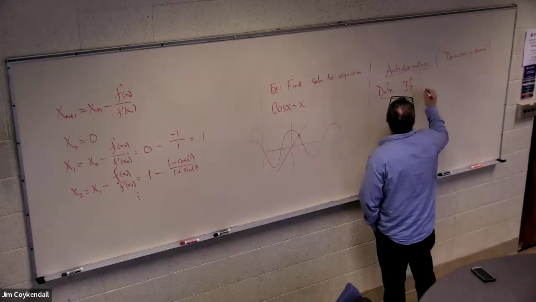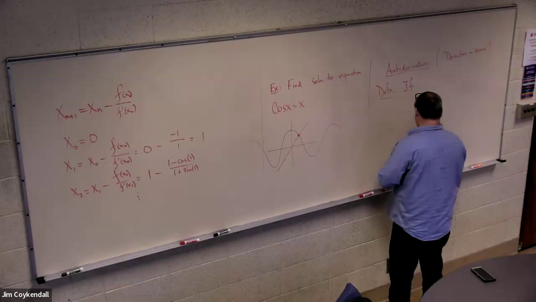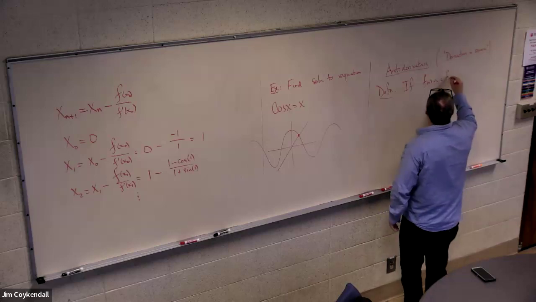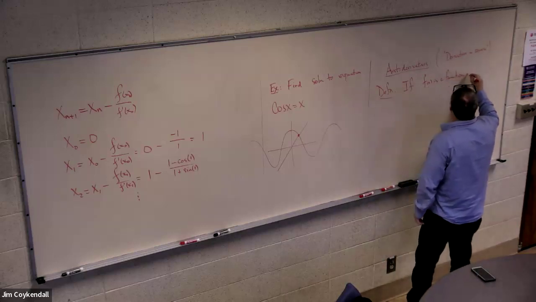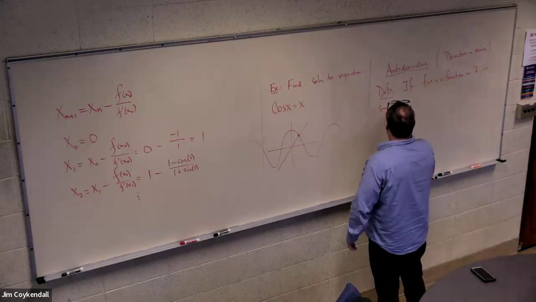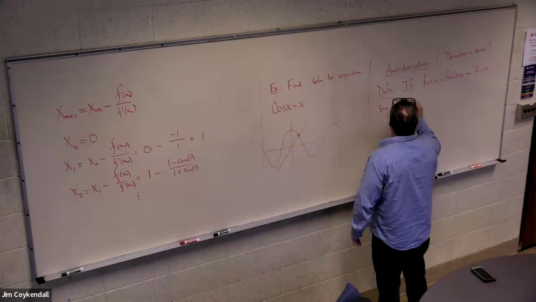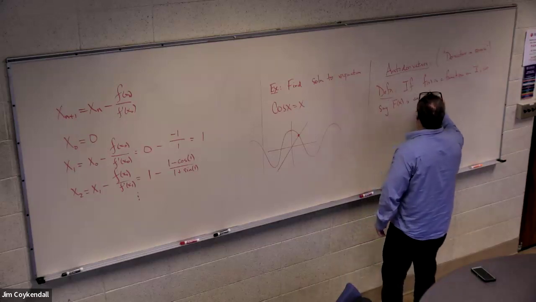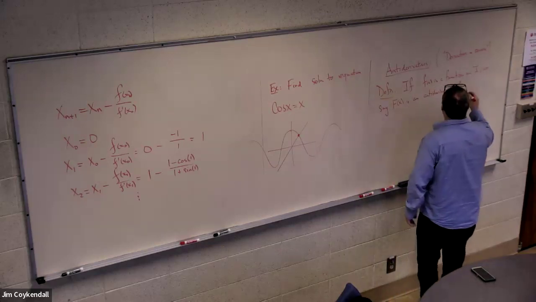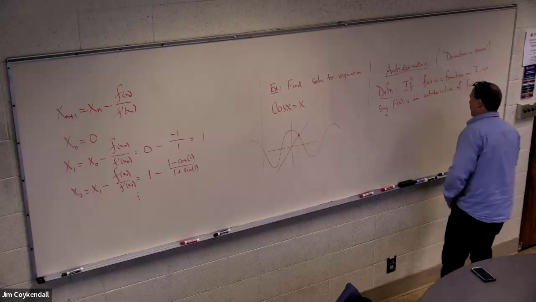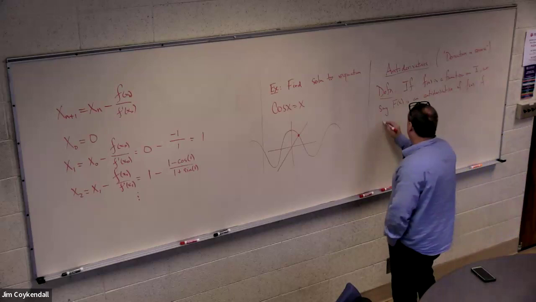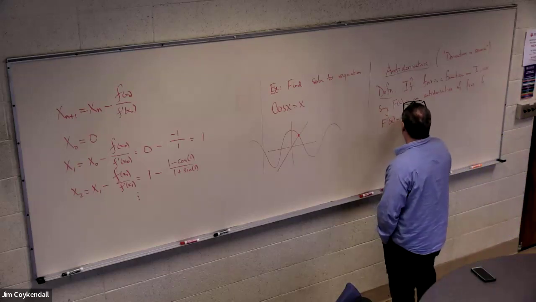If f of x is a function on some interval I, we say F of x is an antiderivative of f if F prime of x equals f of x.